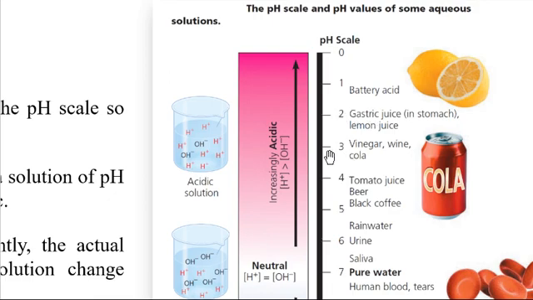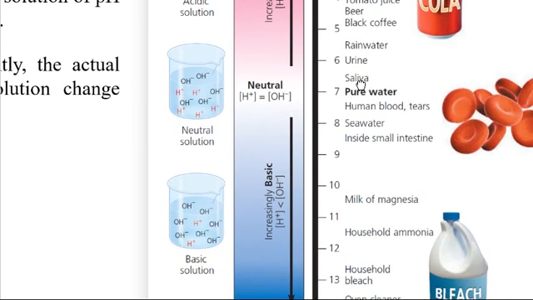So the pH of vinegar, wine and cola is 3, and that of tomato juice and beer is 4. Urine is 6, pure water is 7, human blood has 7.4, seawater has 8, and milk of magnesia has a pH of around 10.5.